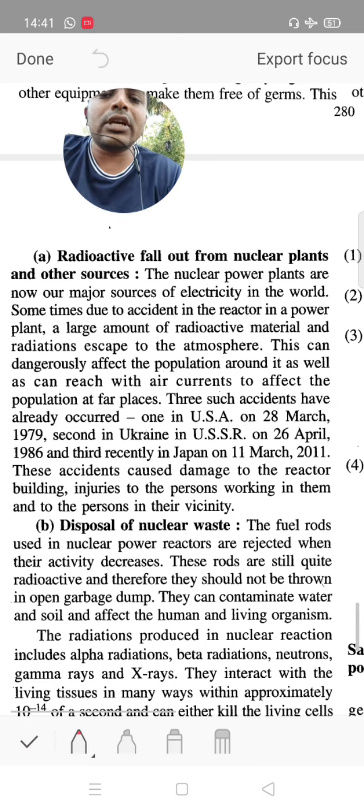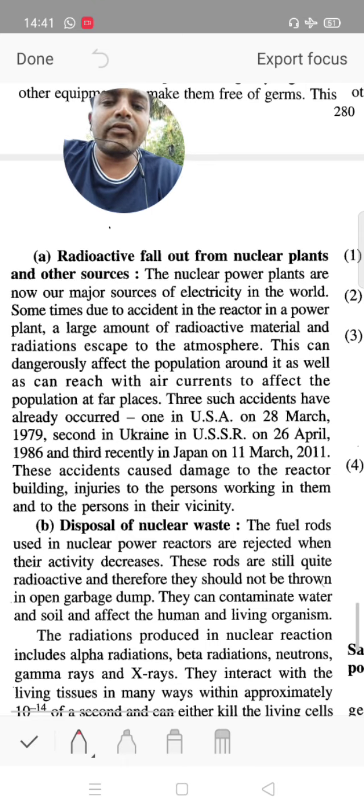But nowadays nuclear power plants are a major source of electricity in the world.